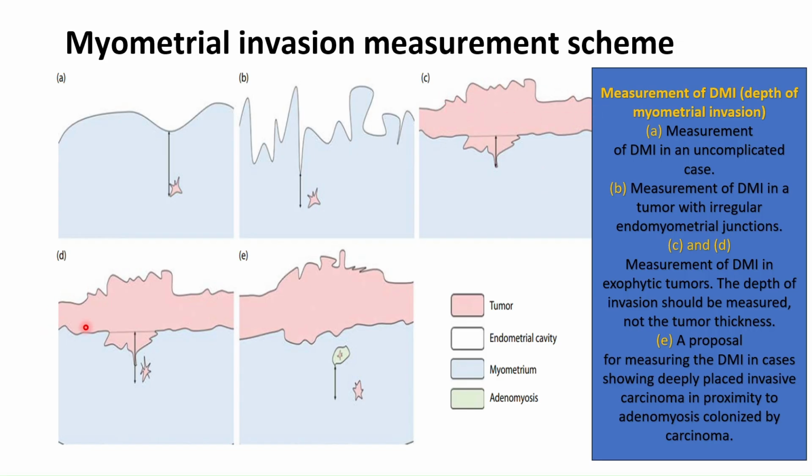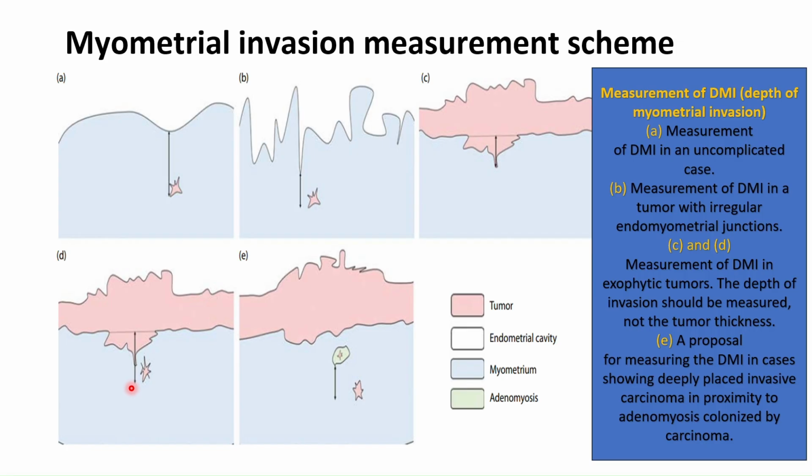In diagrams C and D, we can see exophytic growth. So the actual junction is this. We have to draw the line from this endomyometrial junction to the deepest point of this tumor part. So here this is actually the depth of myometrial invasion. Here also there is exophytic growth. Here the deep portion of invasion is here, but still there are foci of tumor here also.